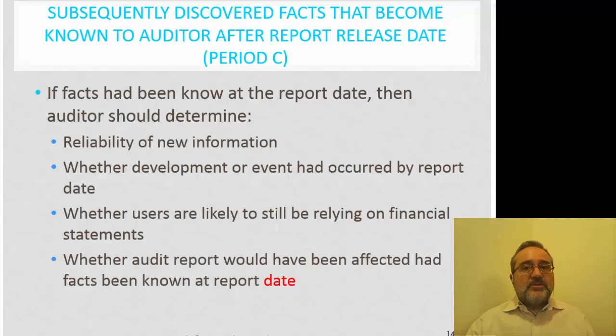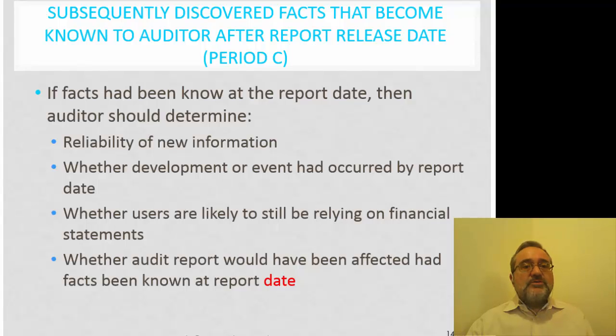Our responsibility after the financial statements are released is very limited, except when there is a subsequent discovery of facts. Usually when this happens, it is because it was discovered after the financial statements were issued that management was committing fraud. It was then exposed, and we have all kinds of issues.